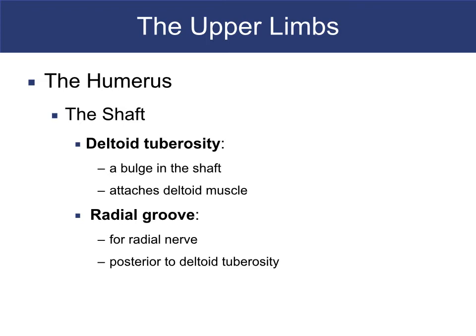If you've got weights in your hands and lift them this way, you're working the middle part of your deltoid. If you lean over forward and do them like this, you're working the posterior part of your deltoid. And if you lie on your back and do them like this, you're working the anterior part of your deltoid. So we'll get to the muscles more next chapter, but so you know.